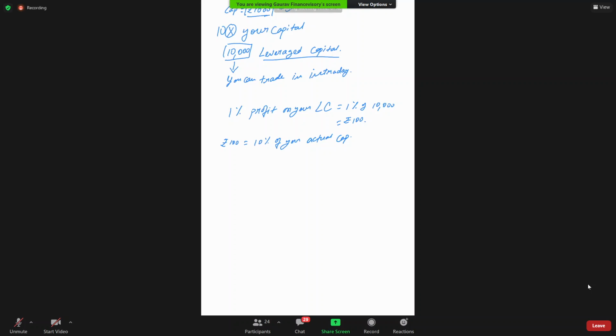So with leverage, what you can actually do is multiply your profits. This is where leverage helps you. But a sword always has two sides. Suppose you are making 1% loss on your leveraged capital, and that is the same amount of rupees 100.